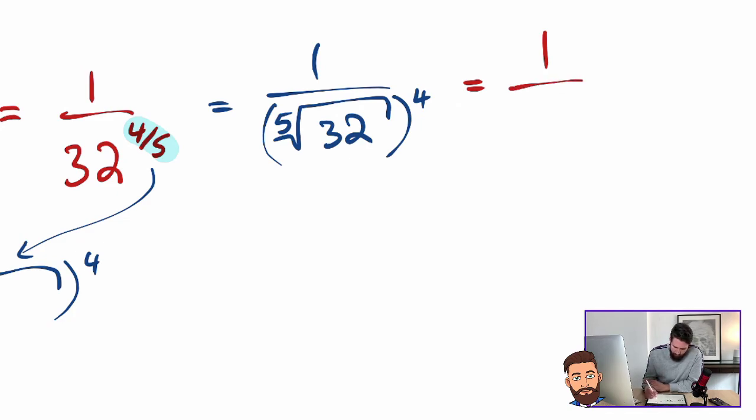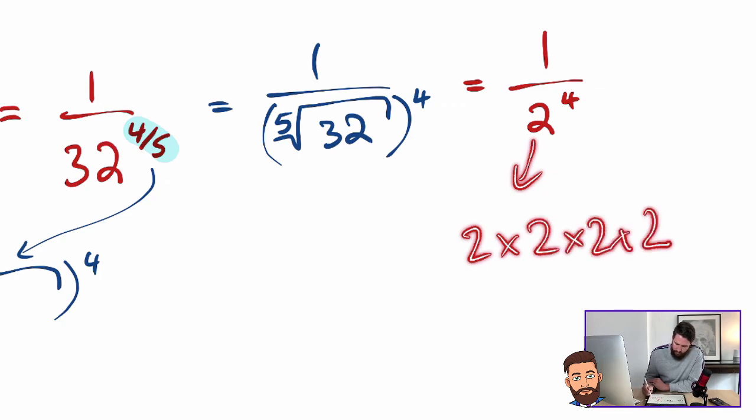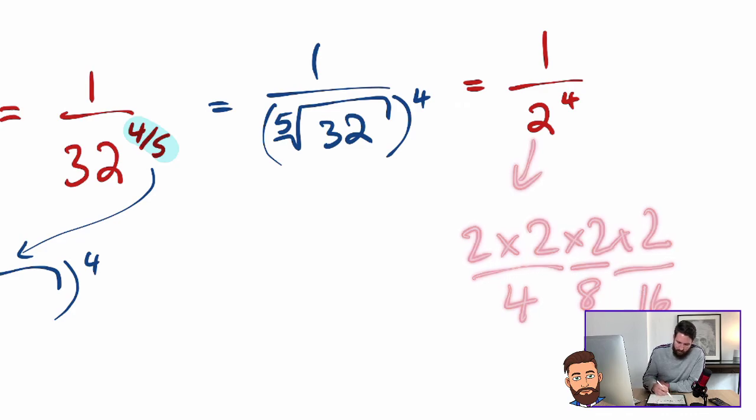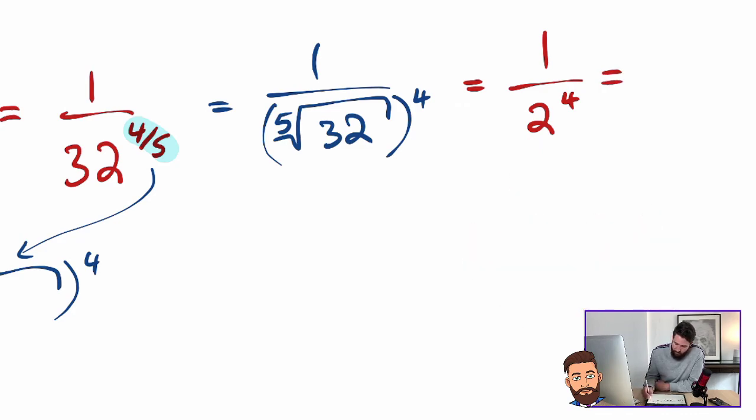So the 5th root of 32 is 2, and we need to raise that to the power 4. Well, 4 as the power means times it by itself 4 times. 2 times 2 is 4, times 2 is 8, times 2 is 16. And again, you can see we're just using very similar numbers constantly. So it's going to be 1 over 16, and that would be our final answer.